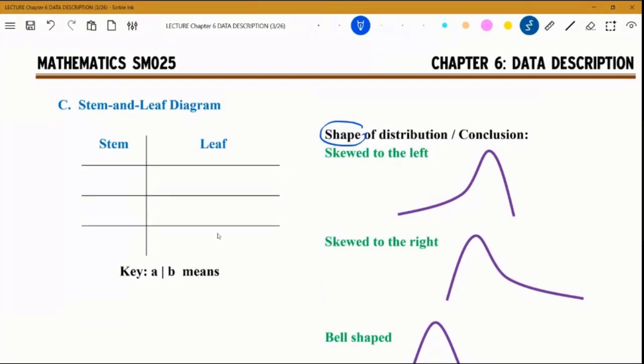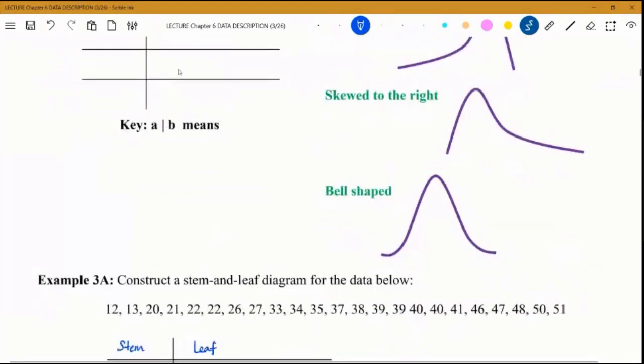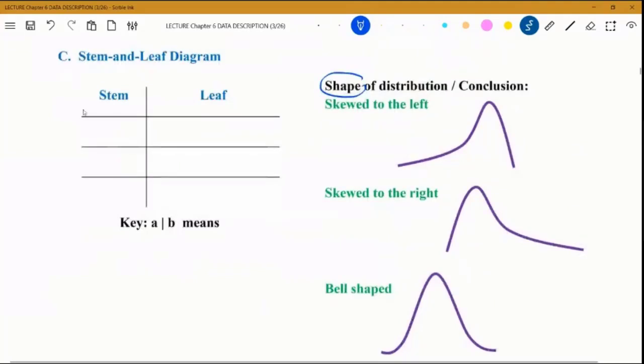Okay, so example 3A. We have to construct a stem and leaf for the data below. Starting to construct the stem and leaf, you have to arrange the data in ascending order. Ascending order.